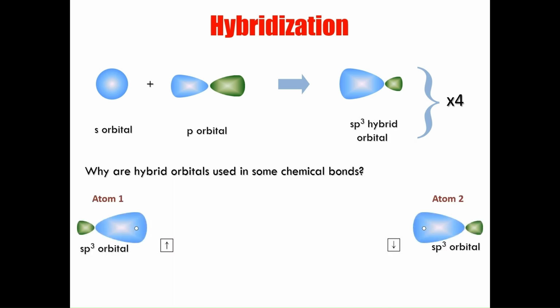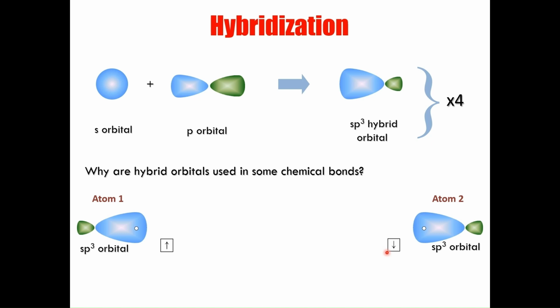Here we have atom 1 and atom 2, which are about to approach each other to create a bond. Before they approach each other, they've already hybridized to create sp3 orbitals in each atom. Atom 1 has its sp3 orbital with a positive spin electron, and atom 2 has an sp3 orbital with a negative spin electron.